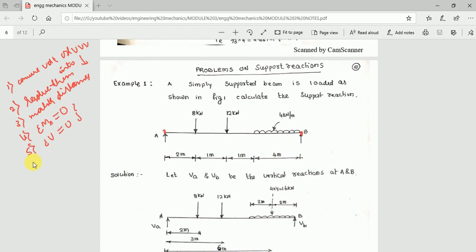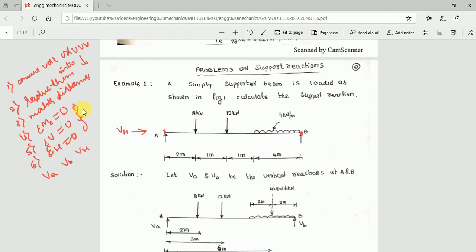If there are three unknowns, what do we have to do? We should go for summation of H equal to 0 also. If any horizontal force comes, VH will come into the picture, so the unknowns become three. Equate those values and we will get the values of VA, VB and VH.